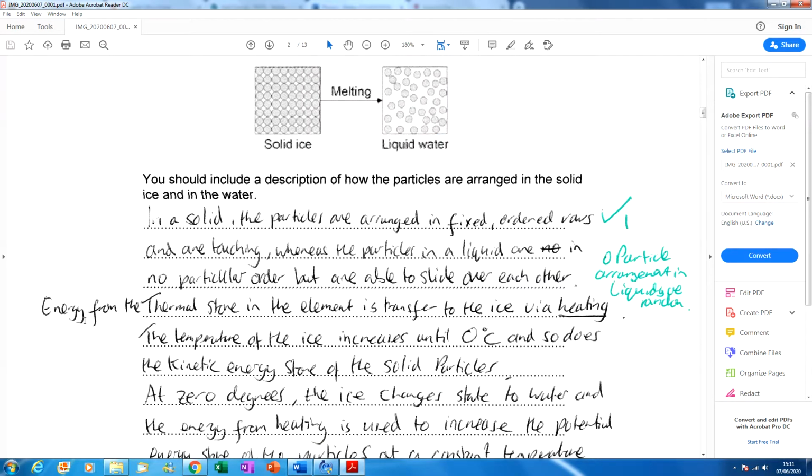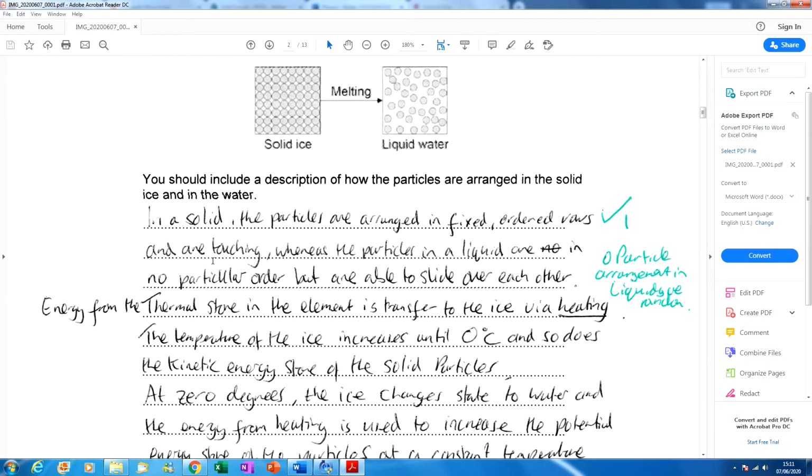So after you've done the basic description of the arrangement of particles in ice and water, then you have to talk about what energy transfers are taking place and the effect of those energy transfers on the energy of the substance. And substances can store energy, if you remember, in two ways.